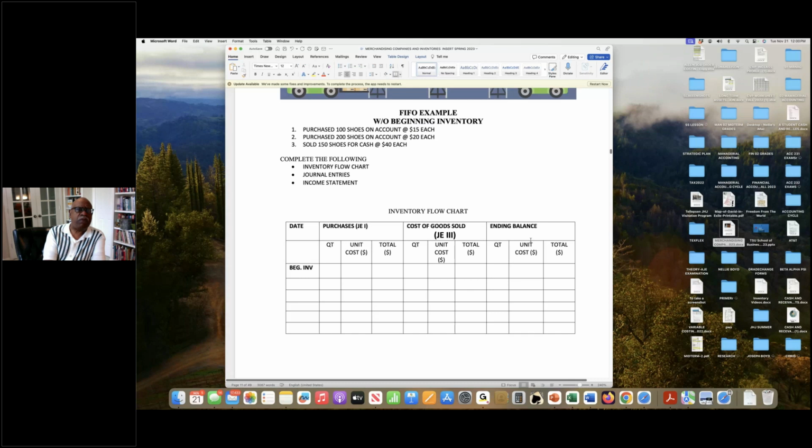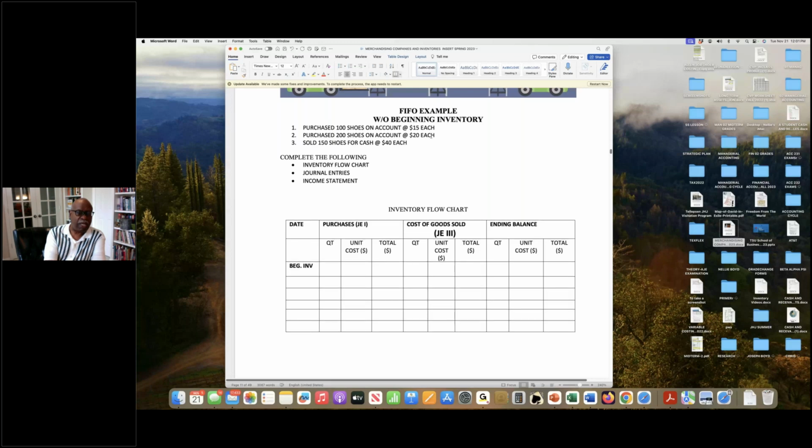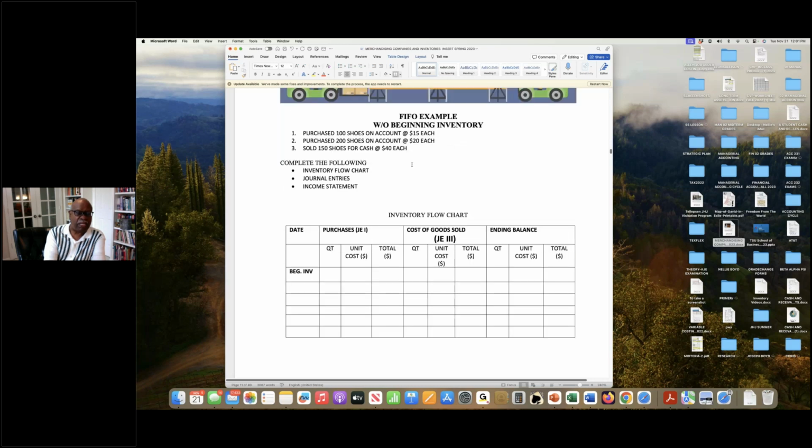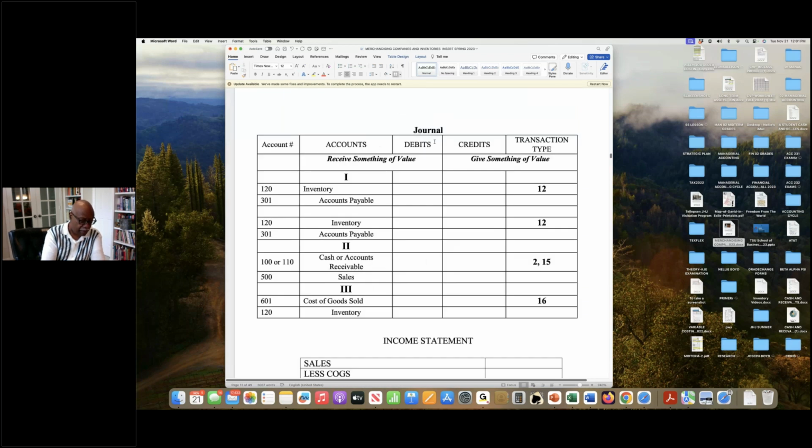So let's look at what we do. We purchase 100 pairs of shoes at 15. Then we purchase 200 pairs of shoes at 20. When we buy the 100 at 15, that's $1,500. So we debit inventory and credit accounts payable for $1,500.